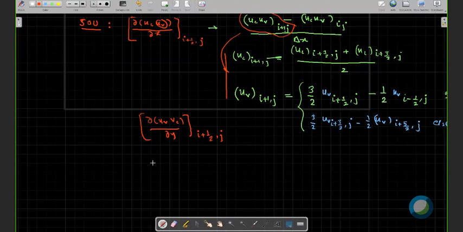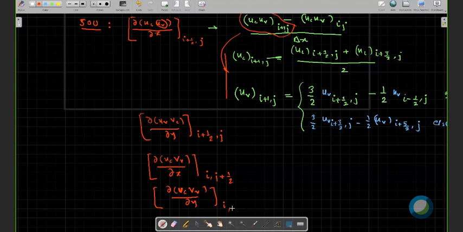Same thing you can do for the y momentum equation, where you have del uc vv by del x, and that has to be calculated at i, j plus half. Similarly, the other term, del v vc vv by del y, has to be calculated at i, j plus half.